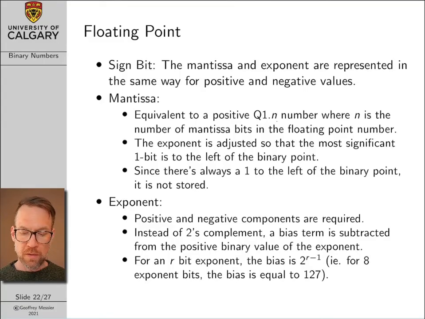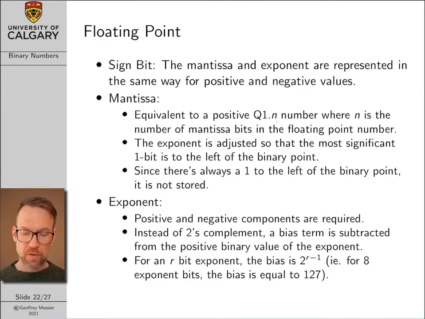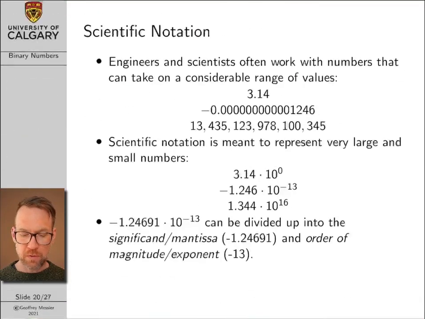The exponent value, the value stored in these y bits, is adjusted so that the most significant 1 bit in the fixed point mantissa is always to the left of the binary point. Now, this seems like a strange statement, but let's go back to our discussion of scientific notation.